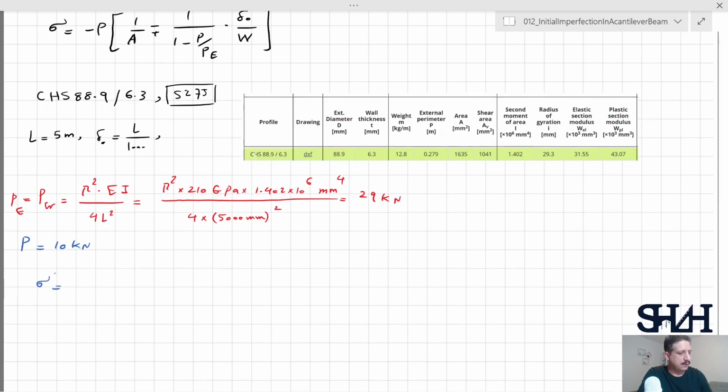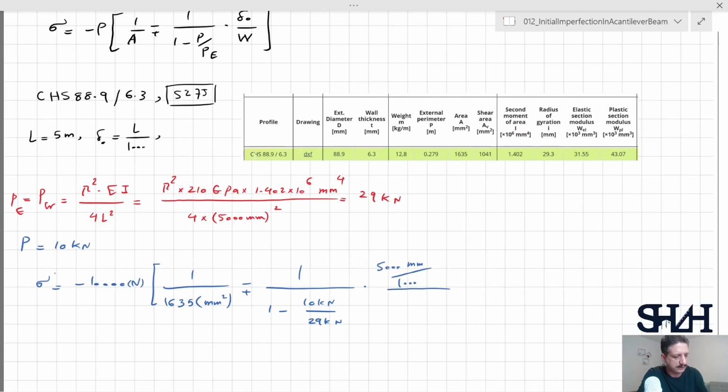So sigma will be minus 10,000 Newton times 1 divided by area, which is 1635 square millimeter, minus plus 1 divided by 1 minus 10 kilonewton divided by 29 kilonewton times delta 0, which is 5000 millimeter divided by 1000, and then section modulus is 31.55 times 10 power 3 cubic millimeter.